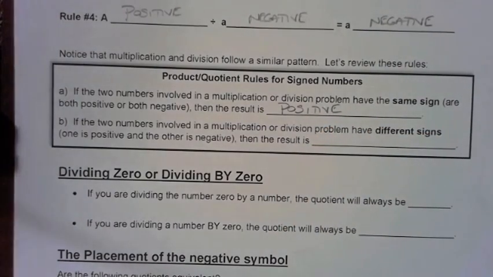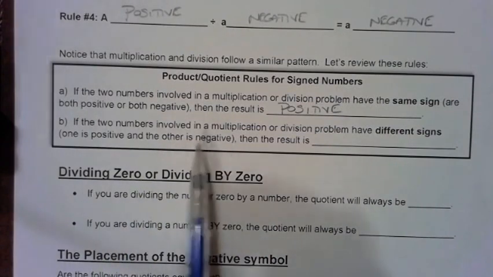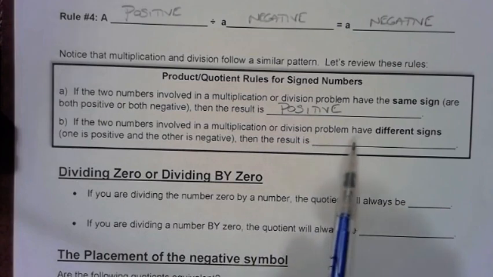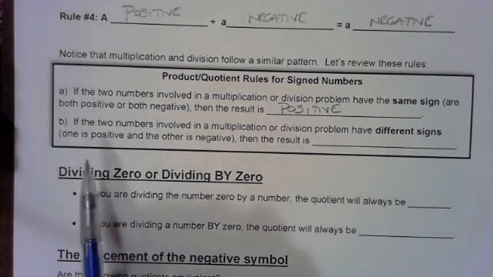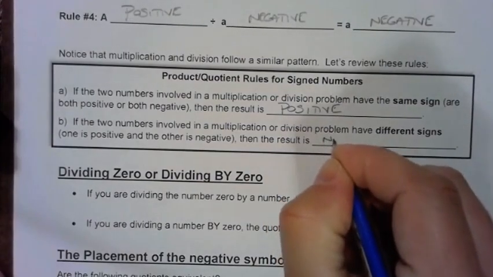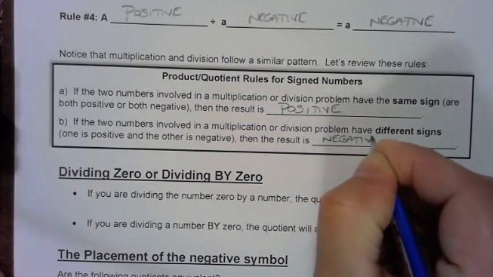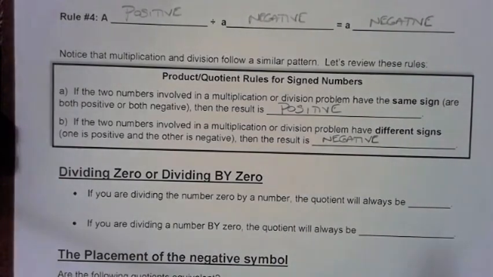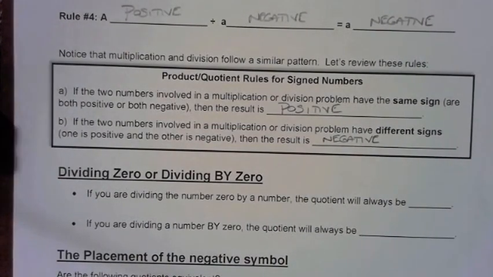Two of the same sign, when you multiply or divide, your result will be positive. But if the two numbers have different signs, so you have one positive number and one negative number, then your result is going to be negative. Multiplying or dividing two numbers with different signs will always give you a result that is negative.